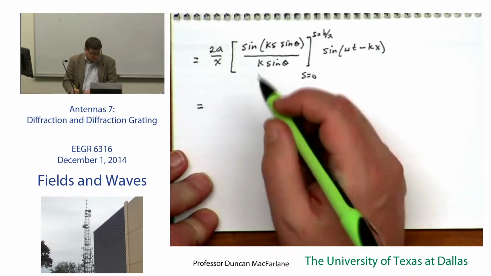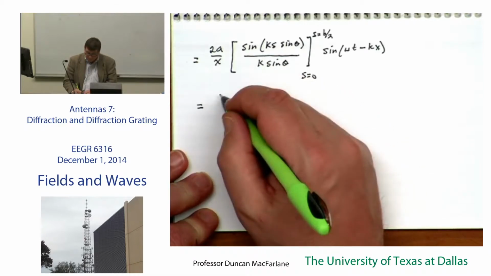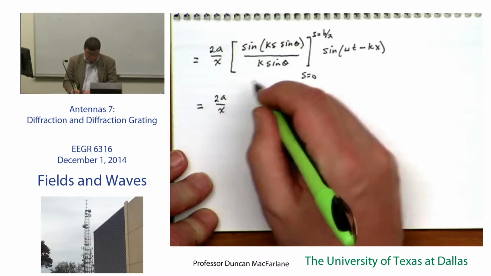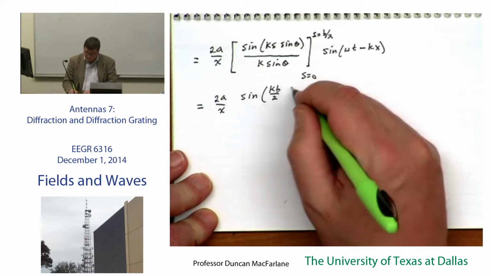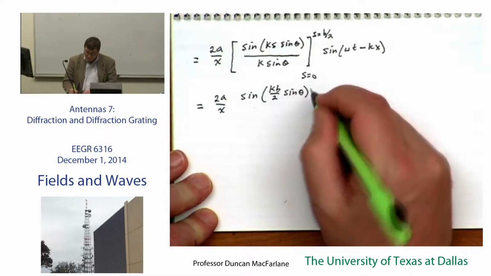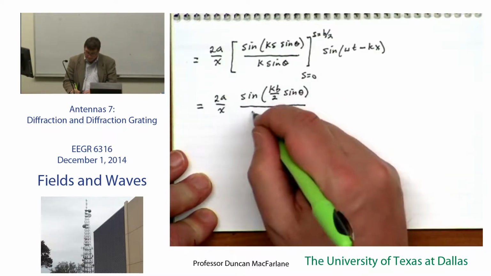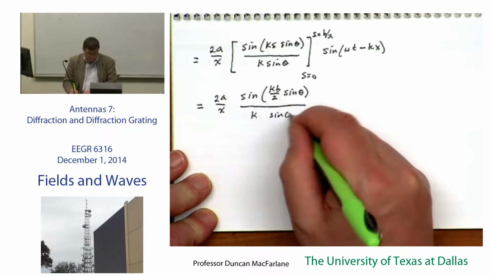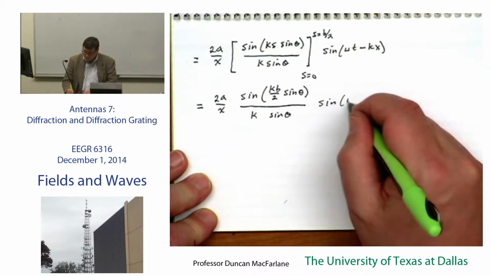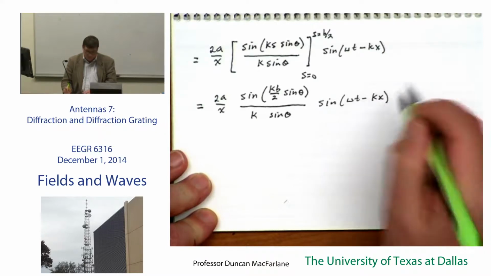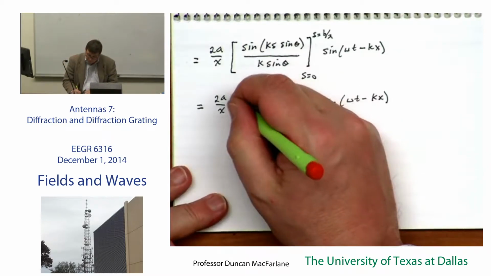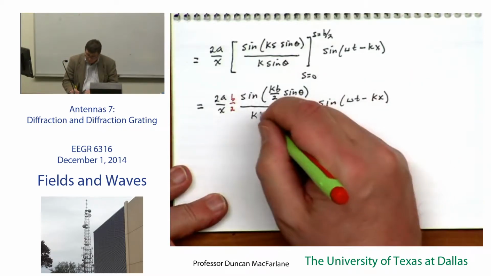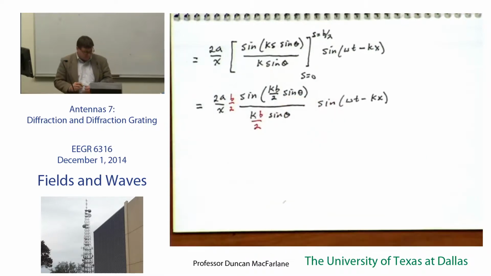So this is just equal to, and what I'll do is I'll multiply this expression by b over 2, and I'll divide it by b over 2.